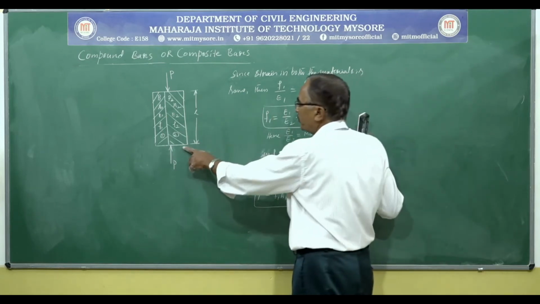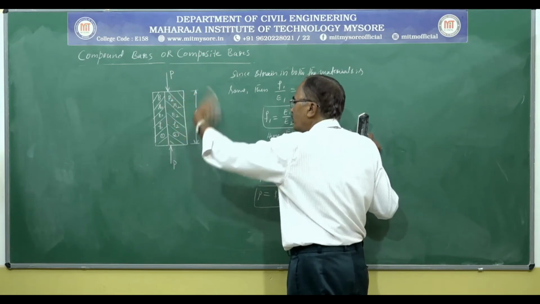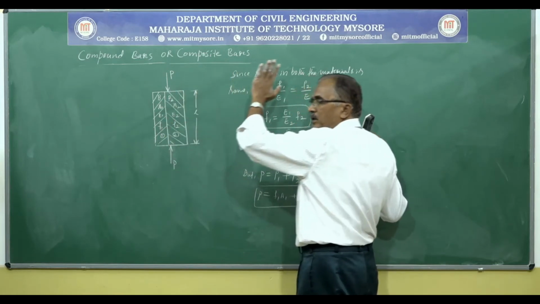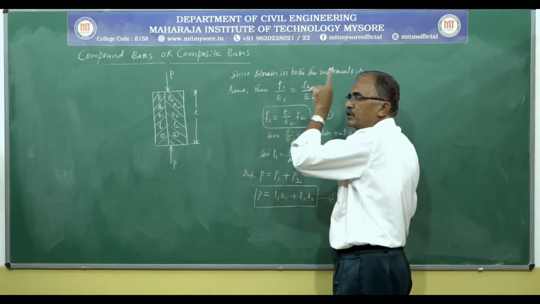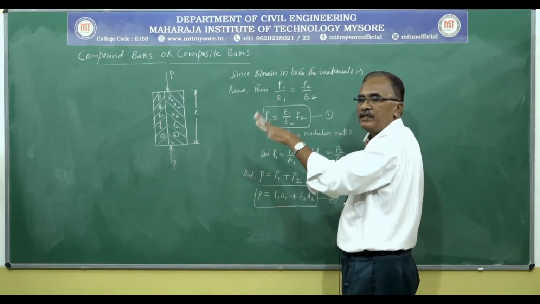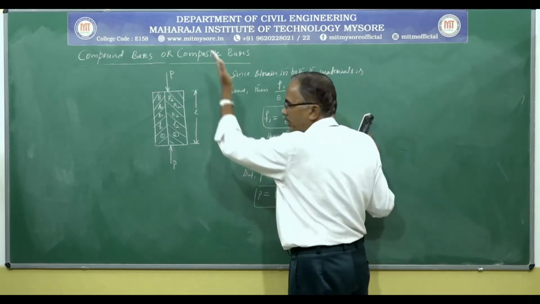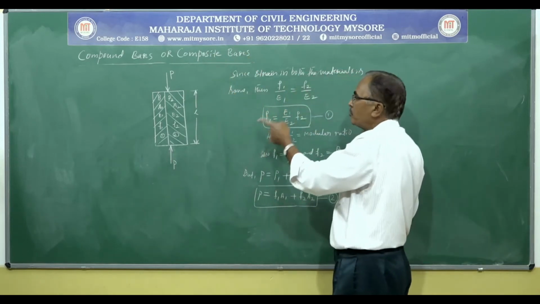Strain in both the materials will be the same. After receiving the load, the compound bar will still act as a compound bar. Hence, changes in dimension, if there are any, will take place equally. It means strain in both the materials will be the same.